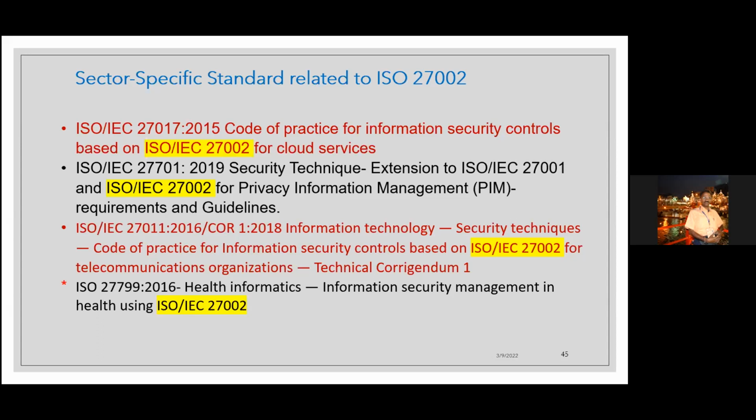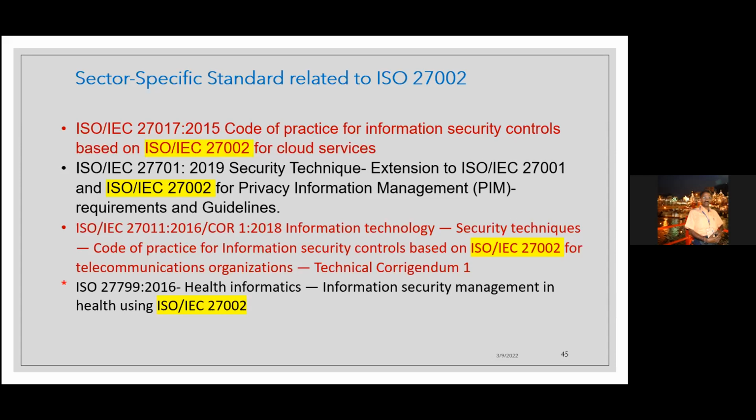When we use cloud services, this 27017 is the guidance with respect to 27002, what type of cloud-specific controls or code of practice we need to follow. And with the change of 27002, this particular standard or code of practice is also going to get affected, because we have to cross-verify both the controls of 27017 and 27002.